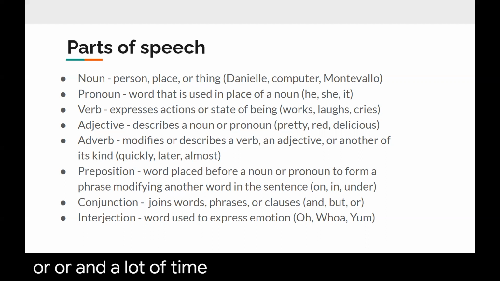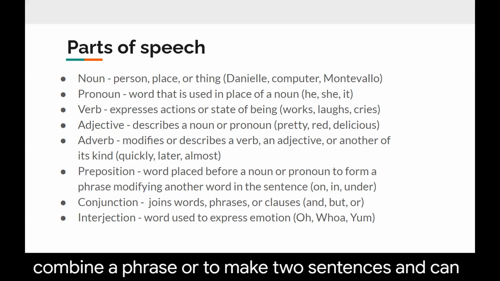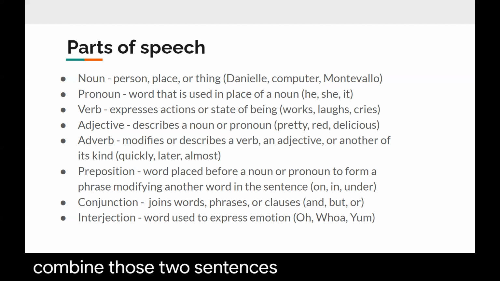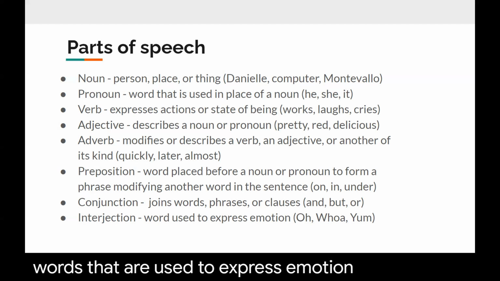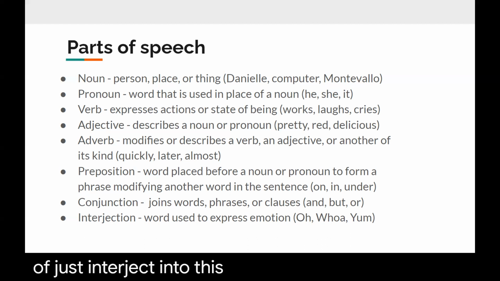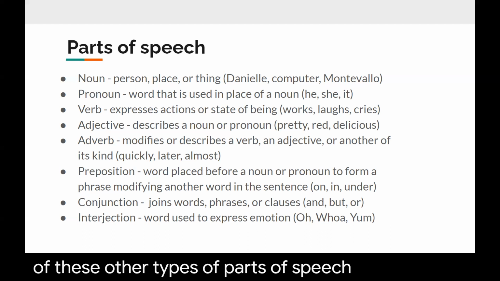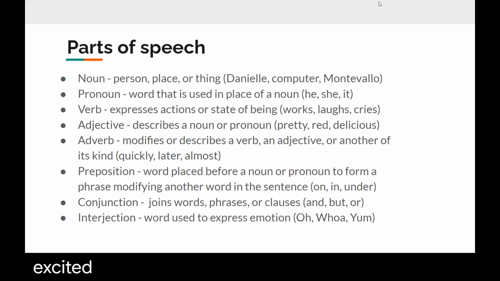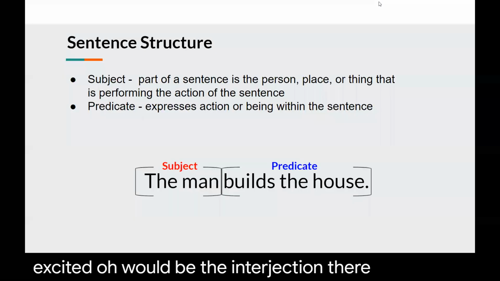And a lot of times these are used to either combine a phrase or to make two sentences and combine those two sentences. An interjection are words that are used to express emotion, and they kind of just interject into the sentence. So they're not any of these other types of parts of speech. Oh, I'm so excited. Oh would be the interjection there.